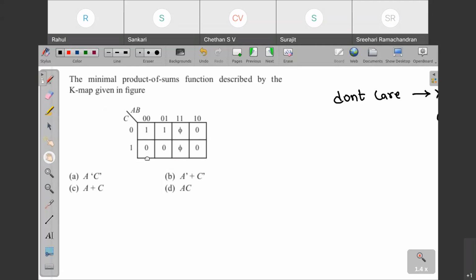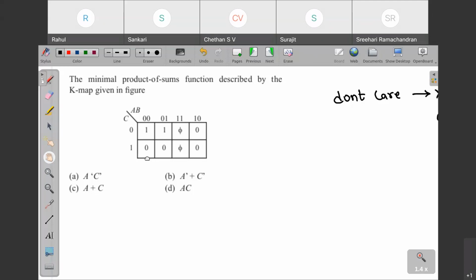Very quickly tell me. What option are we telling?